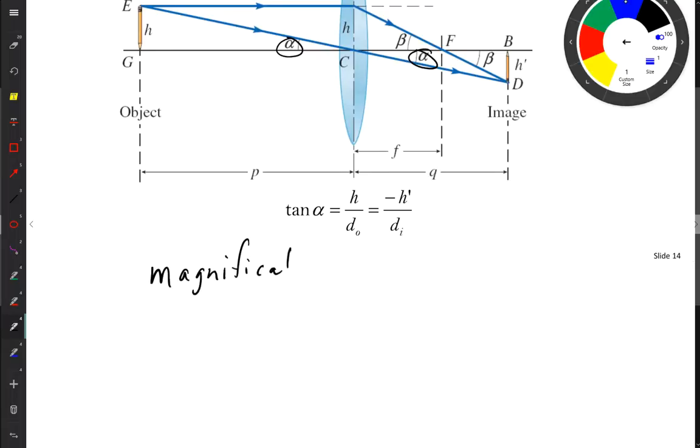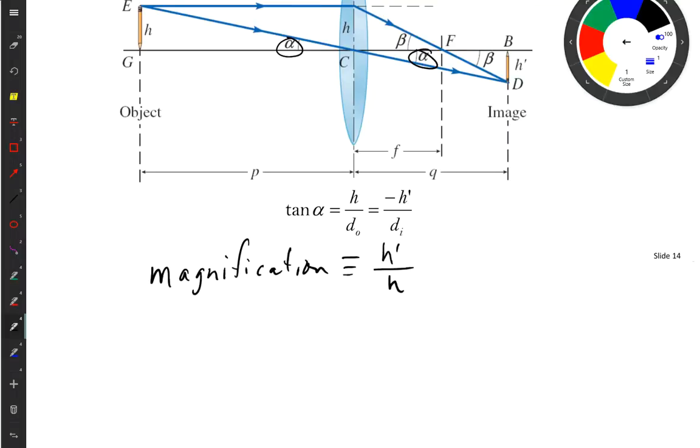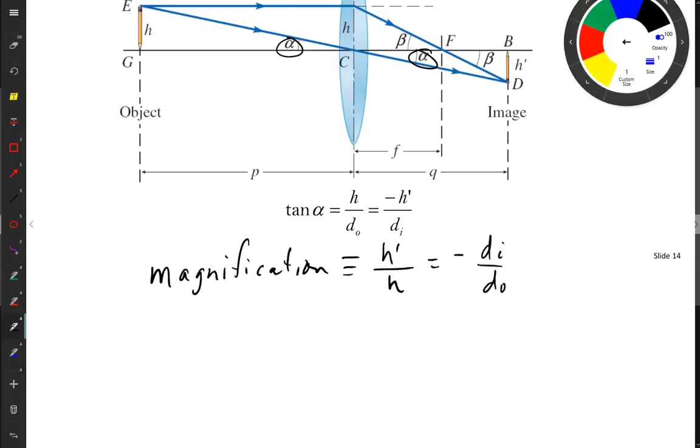Magnification is defined as the height of my image divided by the height of the object. If the height of the image is bigger than the object, then it's bigger than 1, right? But from that relationship, that's equal to minus the image distance over the object distance.